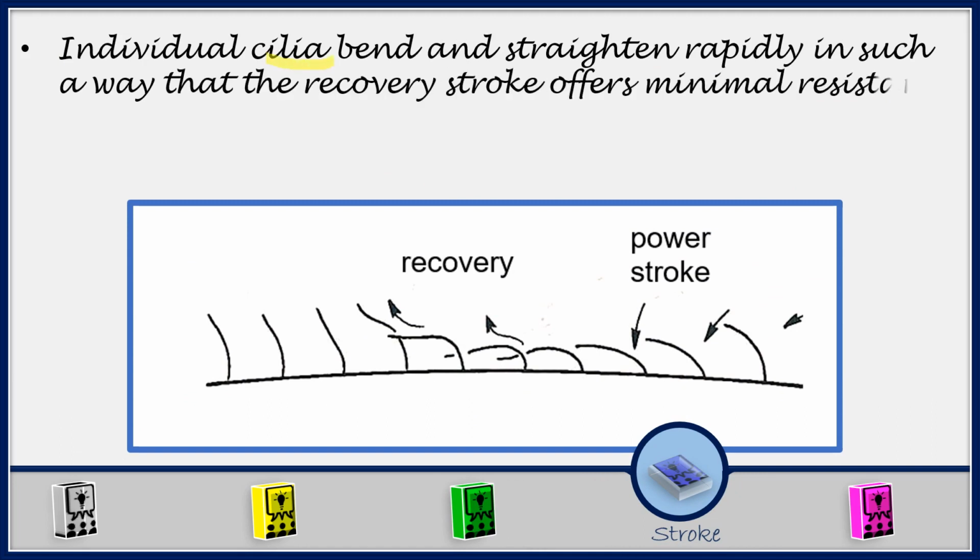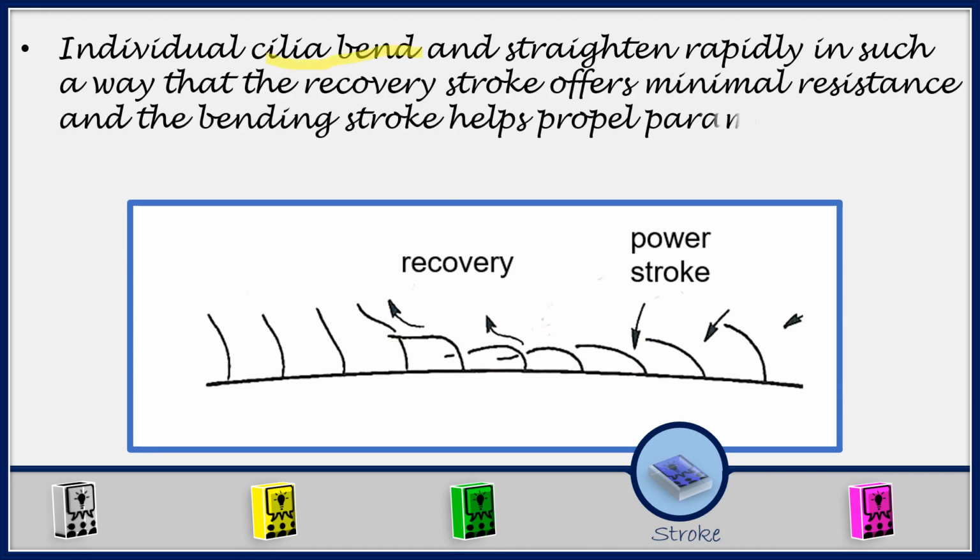Individual cilia bend and straighten rapidly in such a way that the recovery stroke offers minimal resistance, and the bending stroke helps to propel the paramecium through the water.